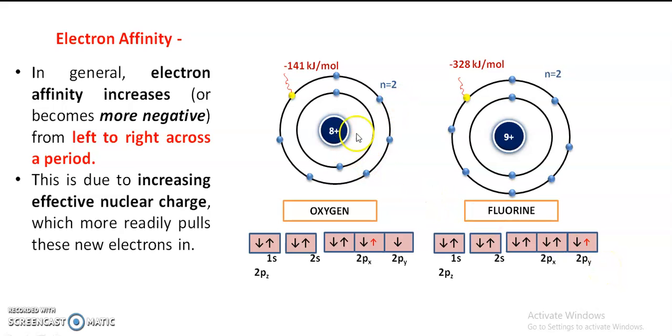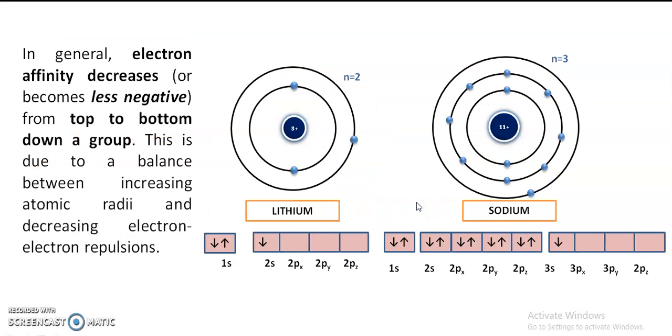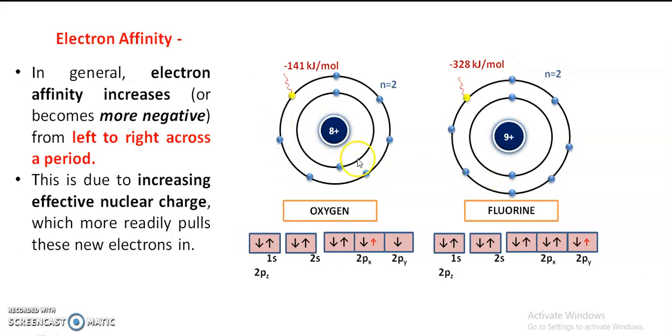This means the distance from the nucleus for the new electron is the same, and we have the same shielding effect since we have two electrons for both, and electron repulsion is the same for both cases, and effective nuclear charge is measurable. We have 9 for fluorine and 8 for oxygen.